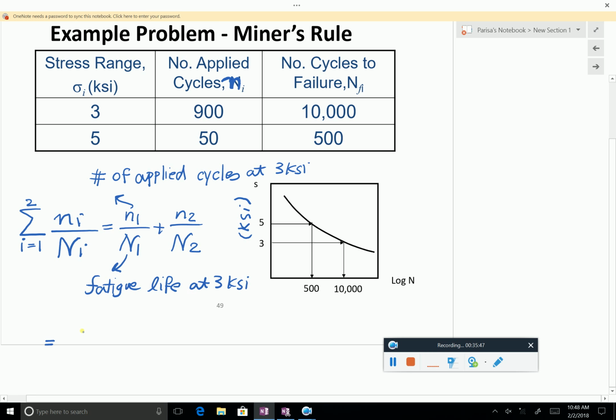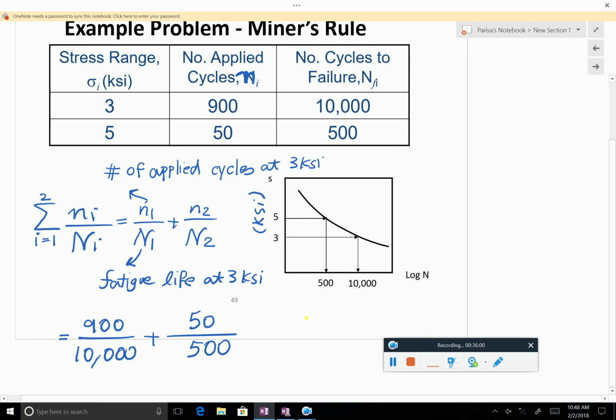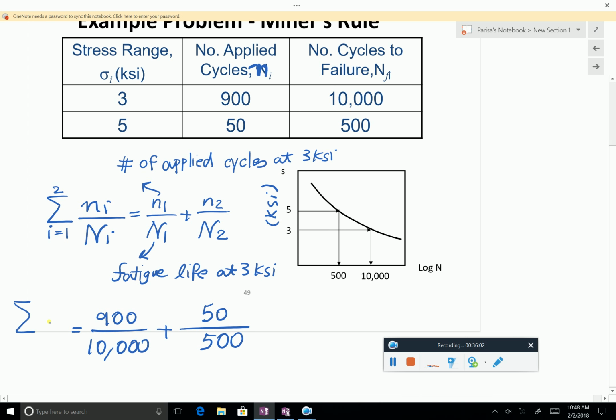And once we set this up, it's easy to calculate. So we say, okay, we have 900 over 10,000 plus 50 over 500. If you calculate it, it's about 0.19, I think. And this is less than 1.